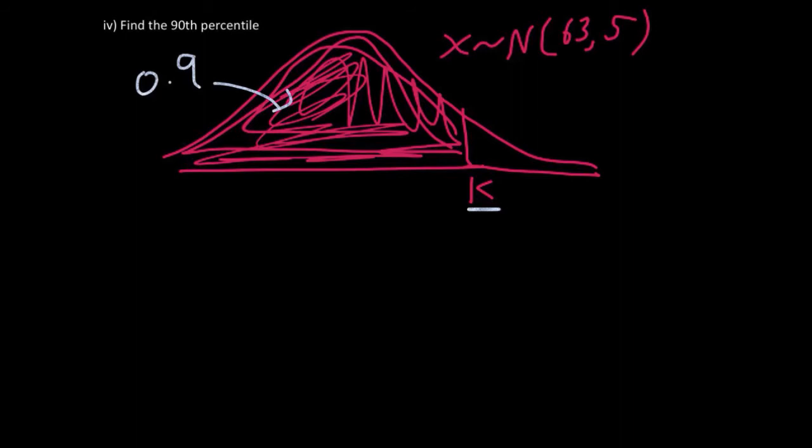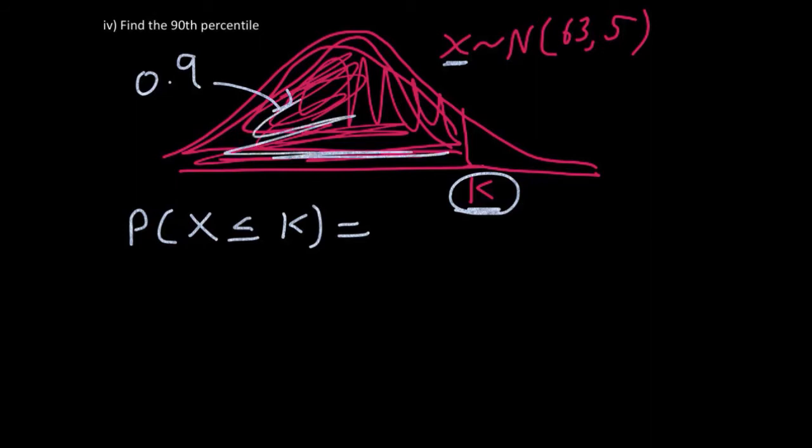According to this diagram, we can write probability x, because this is x, less than or equal to k. You know this is k. This is the probability x less than or equal to k equals what? The probability is here, right? Area under the curve, less than this k, we know it is 0.9. So that is the 90th percentile.